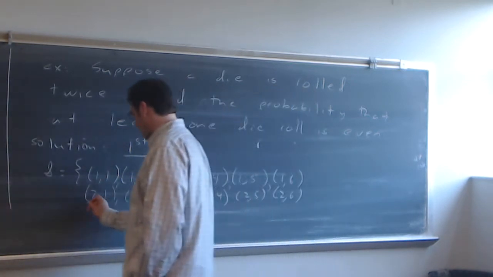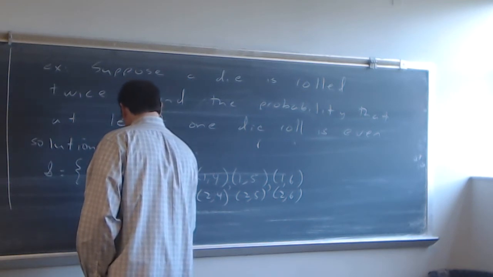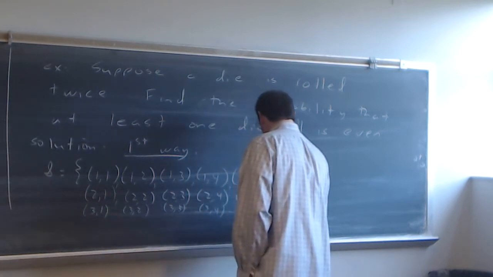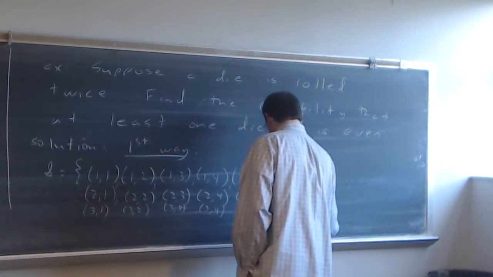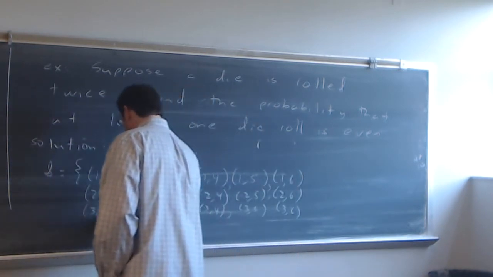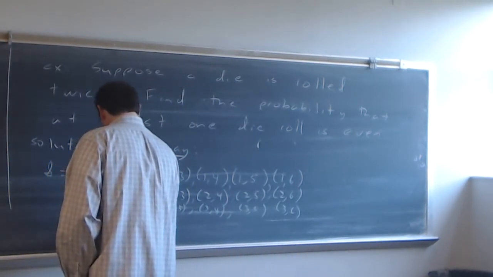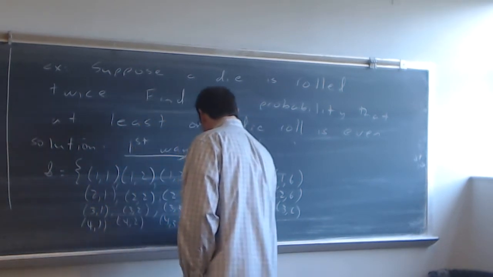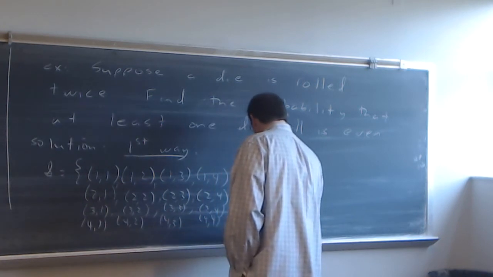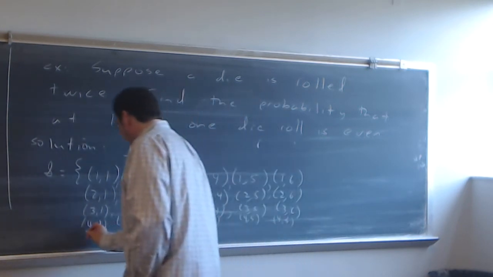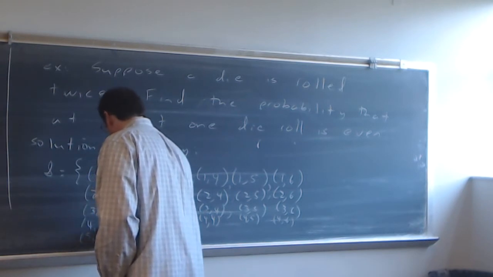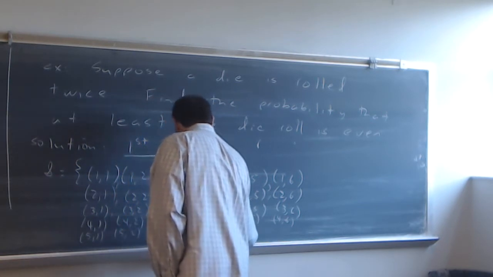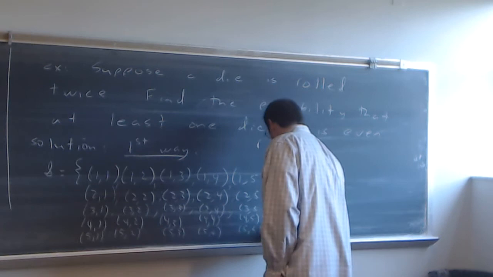It takes a little while to list them all out. 3,1, 3,2, 3,3, 3,4, 3,5, 3,6. Then we have 4,1, 4,2, 4,3, 4,4, 4,5, and 4,6. Then 5,1, 5,2, 5,3, 5,4, 5,5, and 5,6.